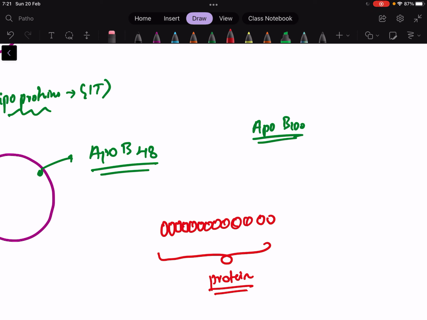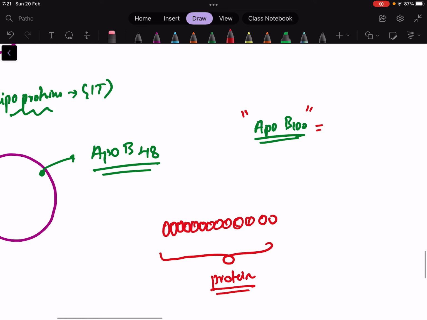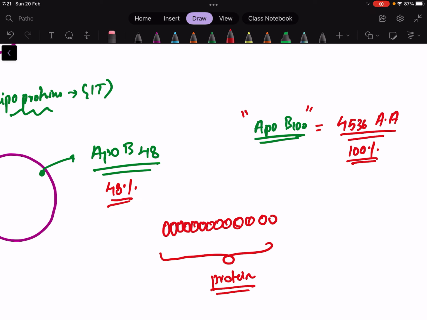So apoprotein B100 has nearly 4536 amino acids, or we can say it has 100% of the amino acids, but ApoB48 has only 48% of the amino acids present on it, hence the name ApoB48.